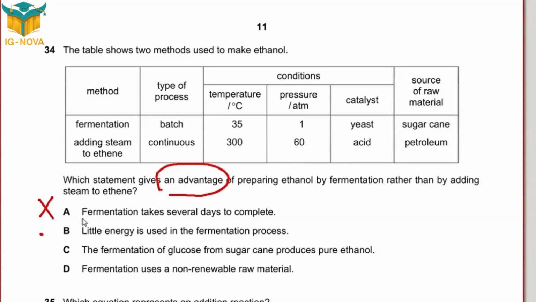Let's think about it. The fermentation of glucose from sugar can produce pure ethanol. Wrong, we need fractional distillation, so it's impure. Fermentation uses a non-renewable raw material. Fermentation uses a renewable raw material. So this is wrong, not a fact. Mistake. So B.